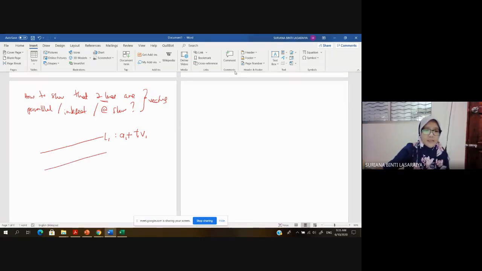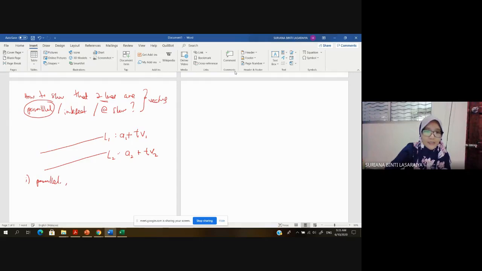And then this is L2, A2 plus tV2. Ini kan general equation of 2 lines, vector equation kan? Okay. So how we can show diorang adalah parallel?